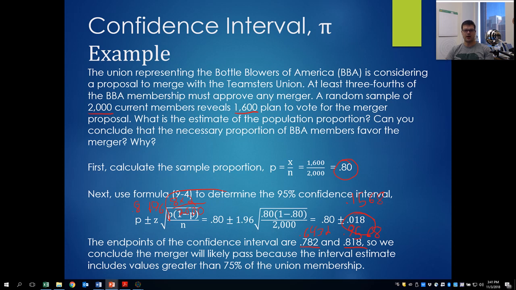That's a little bit more than what I want to talk about right now. But if I were to redo this survey 1,000 times, 950 of those times it would capture the mean within its range.